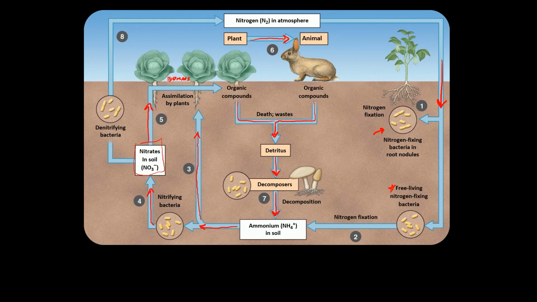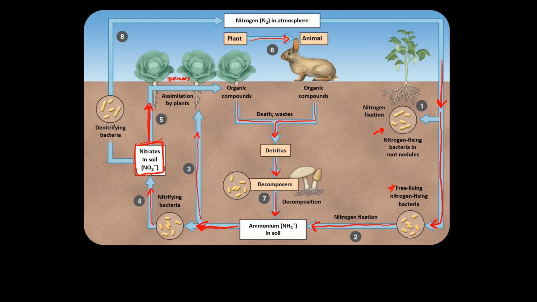So you have bacteria all throughout the soil doing this work, and they are creating ammonium in the soil. There's another kind of bacteria called nitrifying bacteria, which converts that ammonium into nitrates, and that's really the fertilizer that the plant roots need. And then that can then be assimilated by the plant.